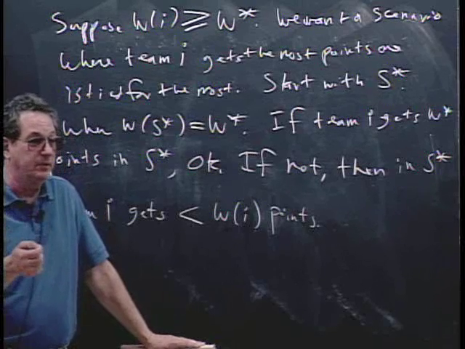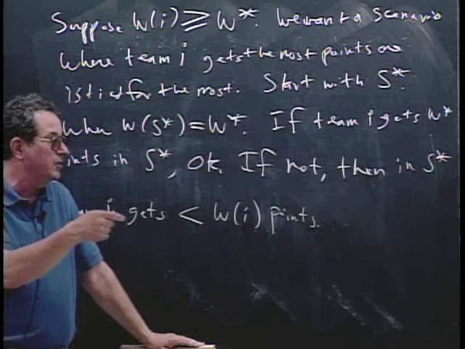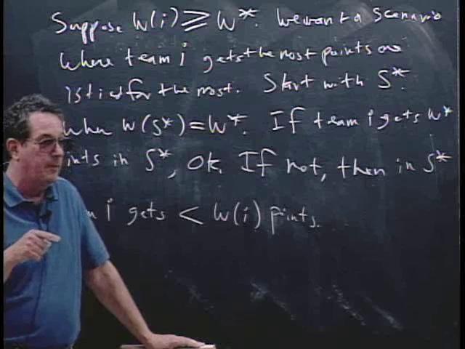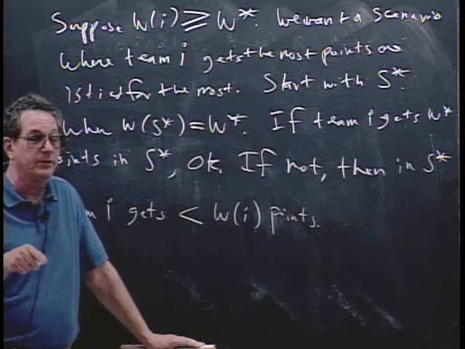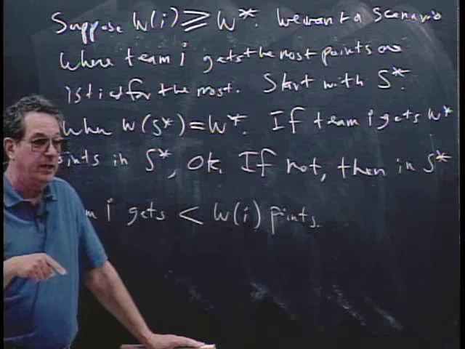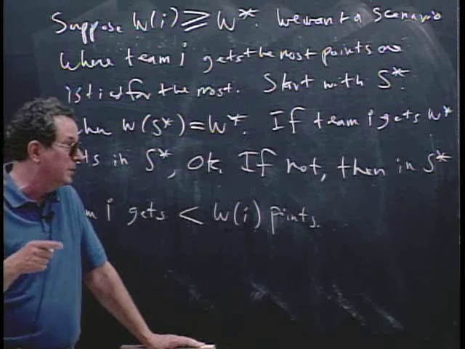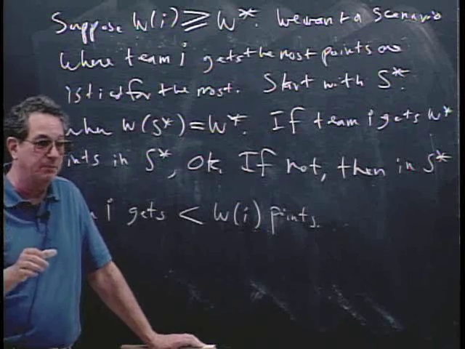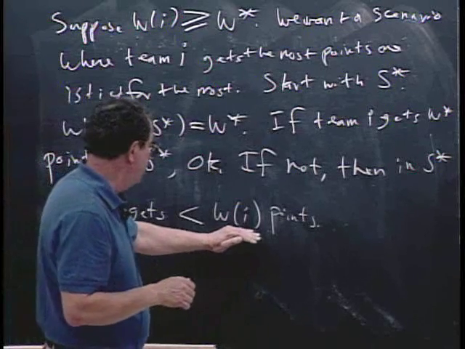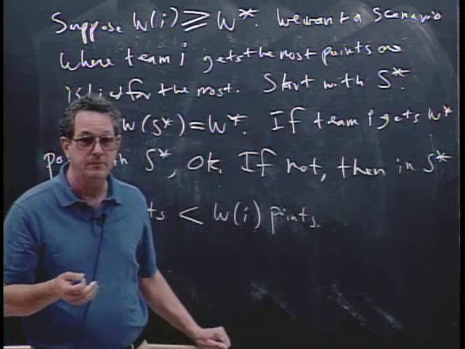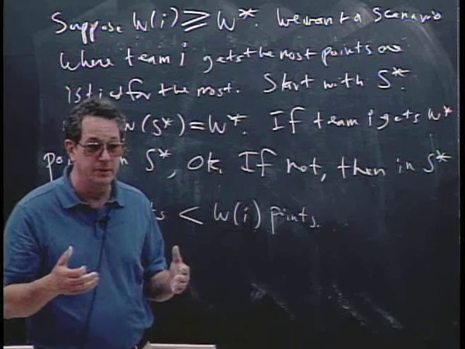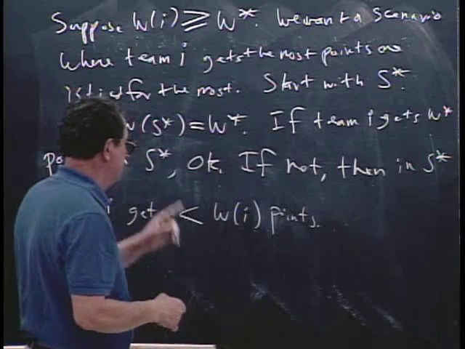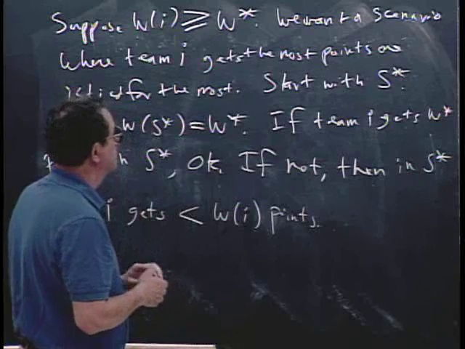And in the change, the points the other team gets will either stay the same or decrease. And how do we know that's possible? Because of monotonicity. The payoff pairs have the monotonicity property, so that when we improve Team I to the maximum possible, what we do for the other team is either leave it the same or decrease it, depending on what are the possibilities in that sport.